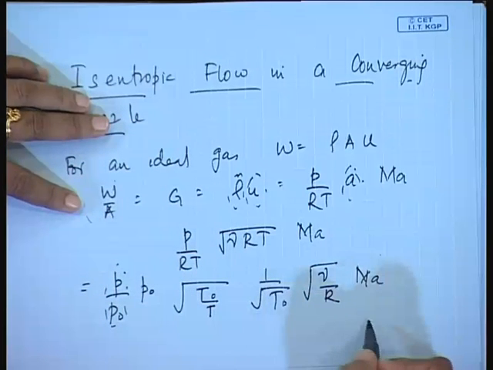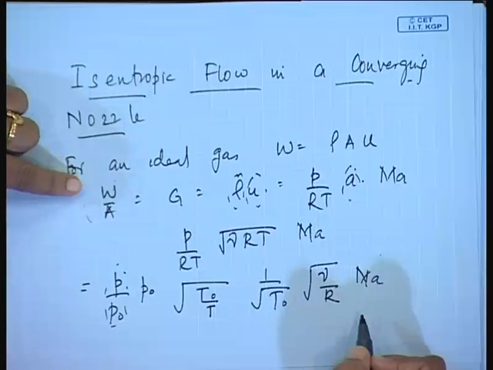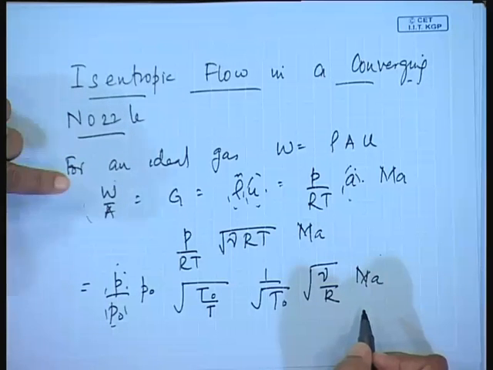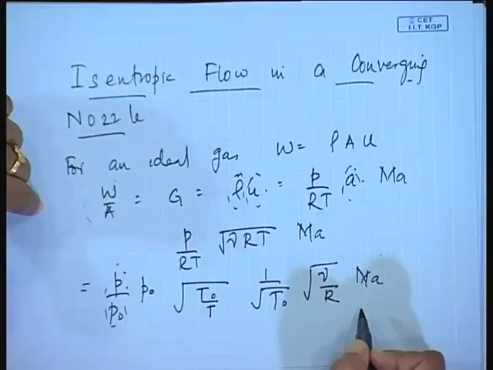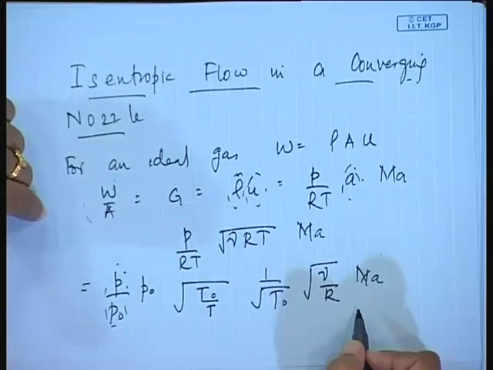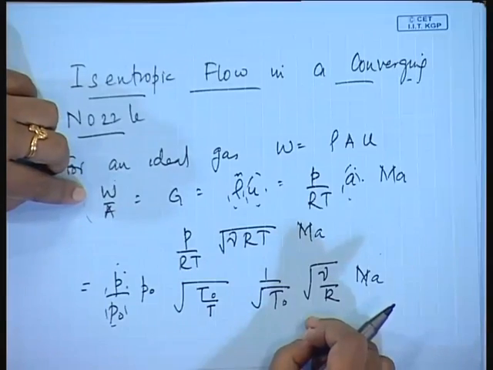My target is to express this particular mass flux or the mass velocity in terms of certain easily measurable parameters, and to find out on what this flow rate depends. If I can know on what parameters the flow rate in a converging nozzle depends, then I know how to manipulate those particular parameters and control, increase or decrease my flow rate as I desire. So, I would like to find out on which measurable parameters my flow rate depends.